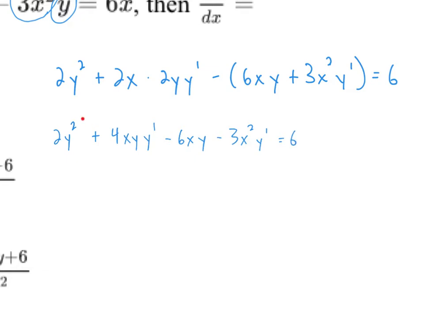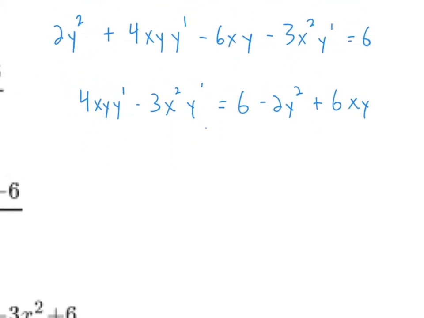Okay, so I'm going to bring this term over, subtract that term, and then add this term. So the left-hand side will just have the two terms that have y prime. Got that.